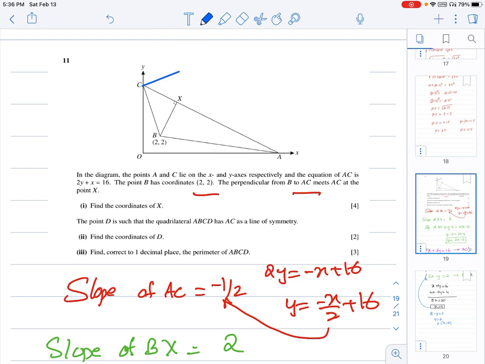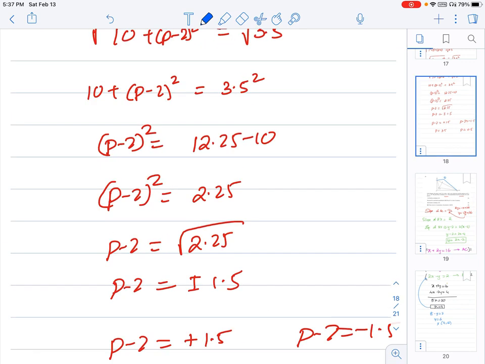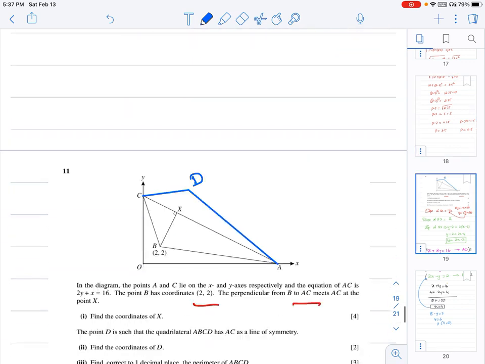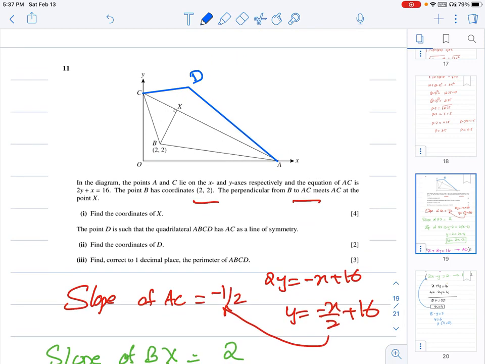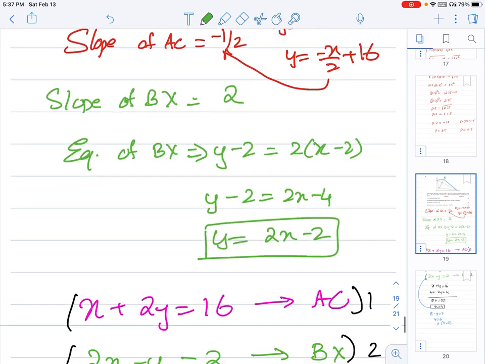AC, approximately like this. So D is a point, AC is a line of symmetry. Then we can see that X is going to be the midpoint of BD.